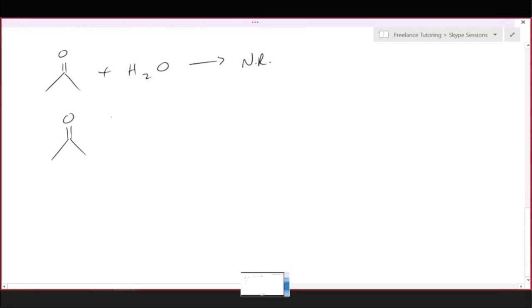Oftentimes, yes. Good. So if we did add a strong acid, like sulfuric acid with water, then we'd actually have... Should I go ahead and write it out? Let's go ahead and do it, sure.